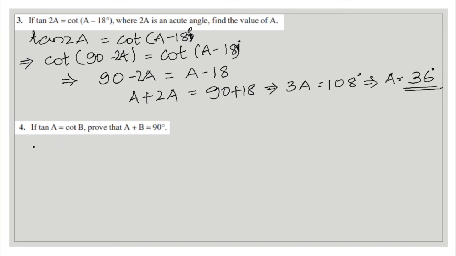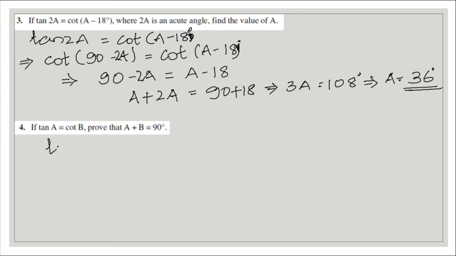Let's have a look at question 4. In the fourth question, they have given that tan of angle A equal to cot of angle B. We need to prove that angle A plus B is 90 degrees.